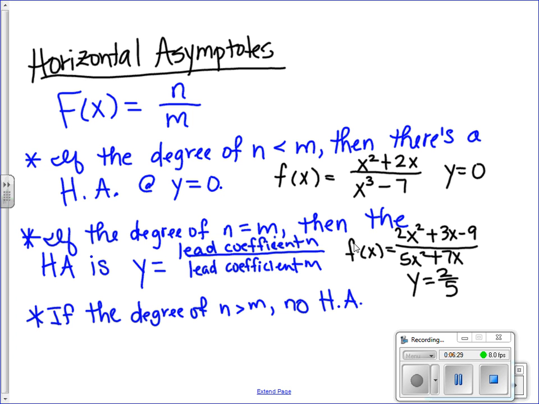So, let's say you've got f of x equals 2x to the third over x minus 6. Okay? See? What's the degree of the numerator? What's the degree of the denominator? 1. So there is no horizontal asymptote.